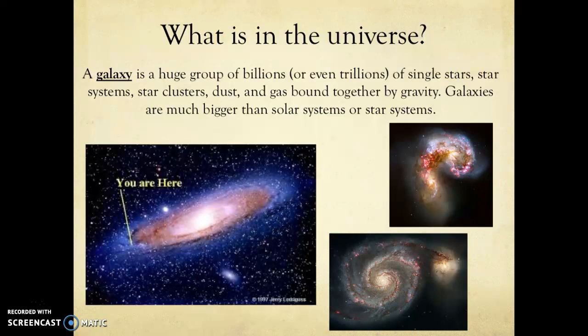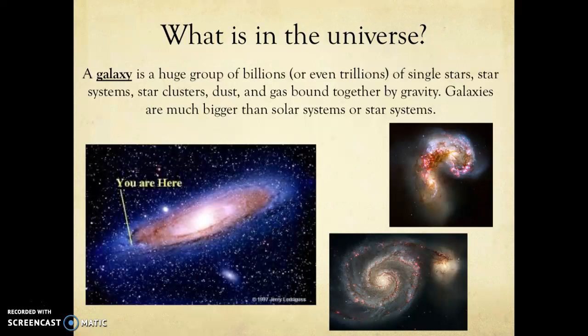And when you're looking at that picture, you can't even really see our solar system. It would look basically like a speck or a few specks. And within that solar system, of course, we've got our sun and all of the planets, plus asteroids and all sorts of other stuff, which, again, we'll talk about in the next unit.